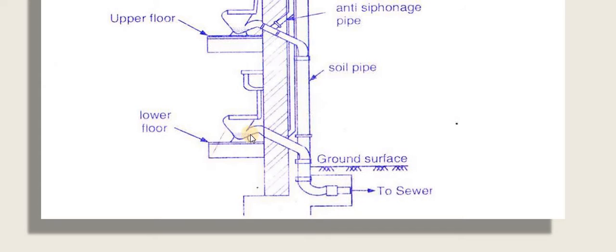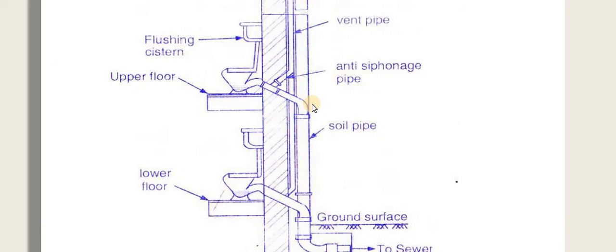Similarly, here also the pipe is connected with these trap pipes, and directly this is taken to the sewer, and this pipe, the soil pipe, is directly taken to the sewer line.